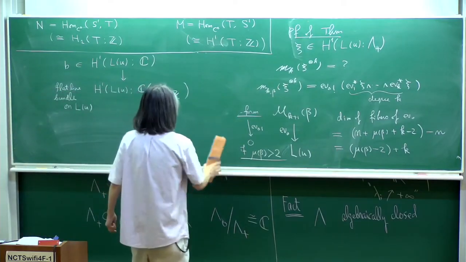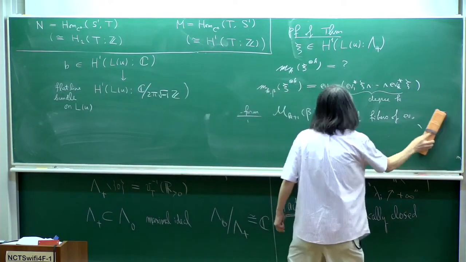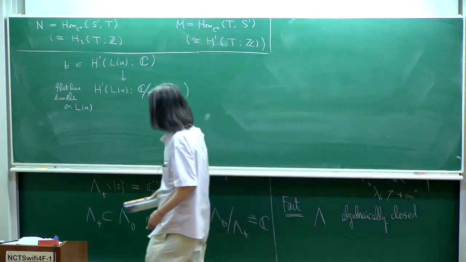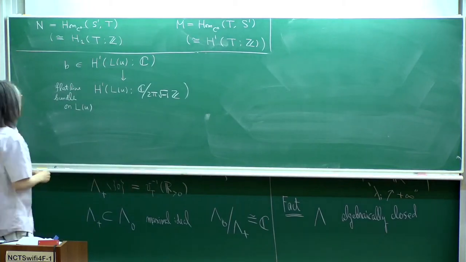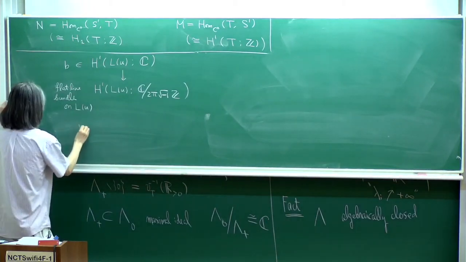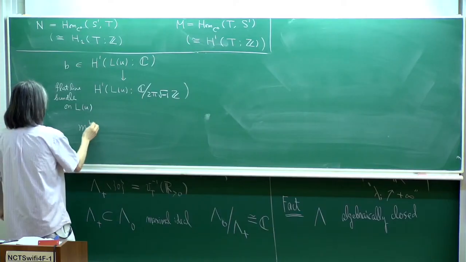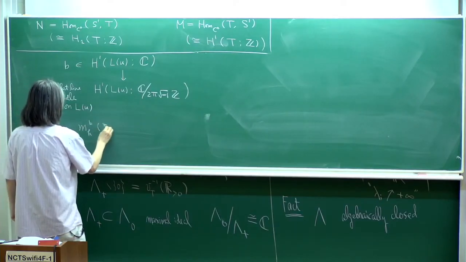But anyway, so we have this. And then we can actually do the following. So what is this mk b of this?